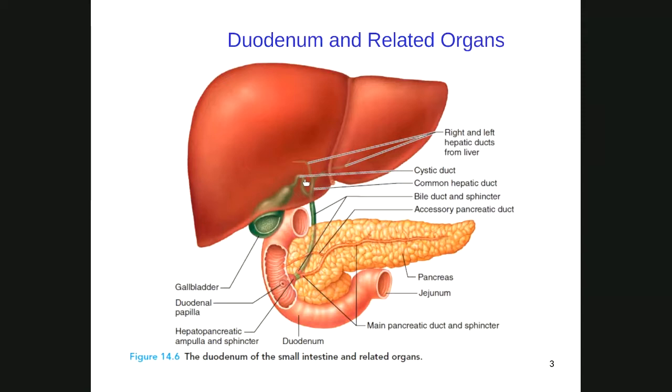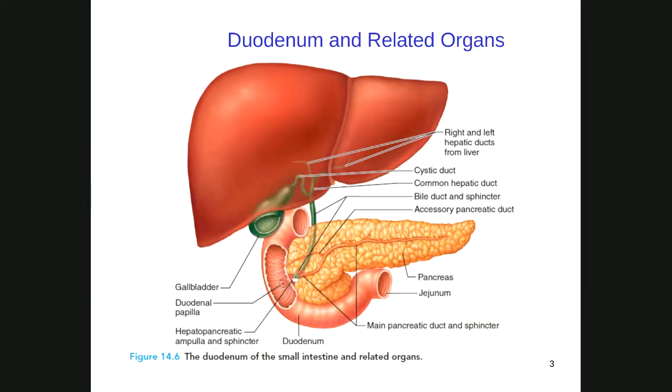So here the content of the common bile duct will join the pancreatic duct and open into the second part of the duodenum. The first part is here, and the second part is where the content of the common bile duct and the pancreatic duct open through the ampulla of Vater or the sphincter of Oddi.